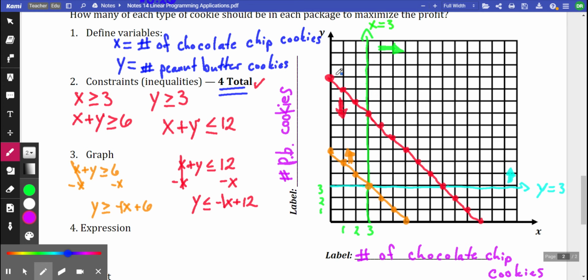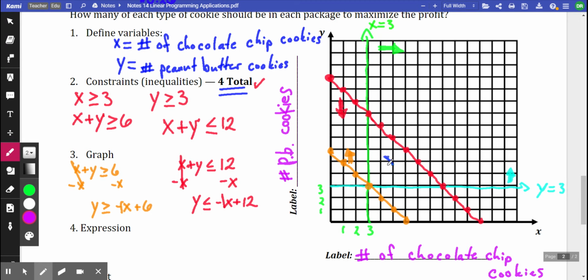We said we're going to shade to the right of the green and above the blue, above the orange, below the red. But if you just go and look for the area that is contained between all of your lines, then you're going to find that area. And you should notice that that is right here.